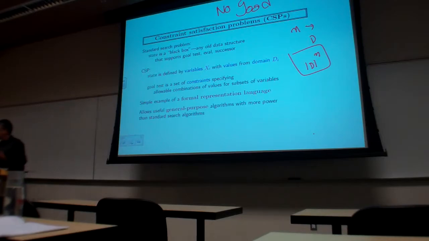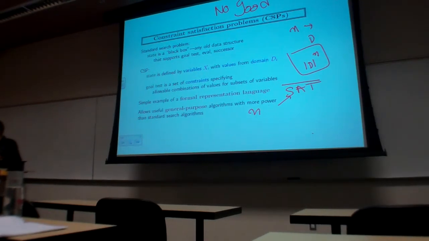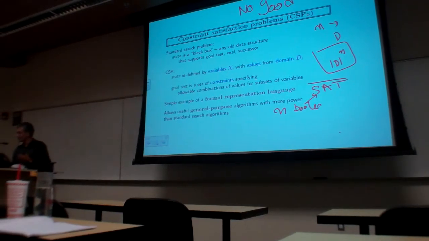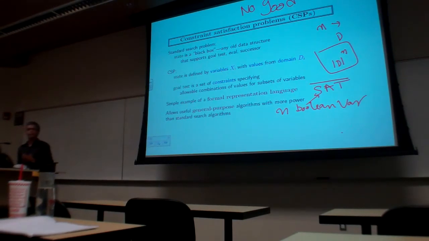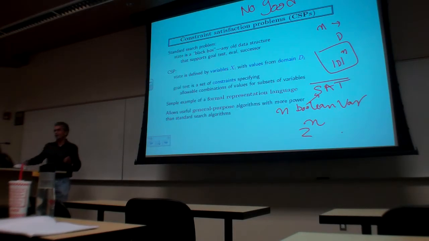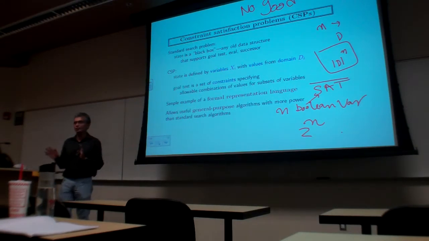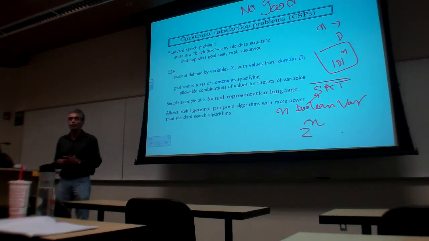Because a special class of CSP is SAT. SAT is a CSP where there are n Boolean variables, so there will be 2 power n complete assignments. If you are in CS, you have heard of the satisfiability problem, right? I give you a set of Boolean variables and a set of constraints on them.